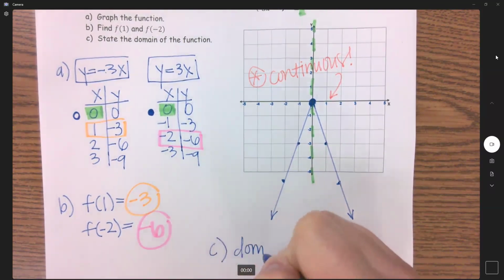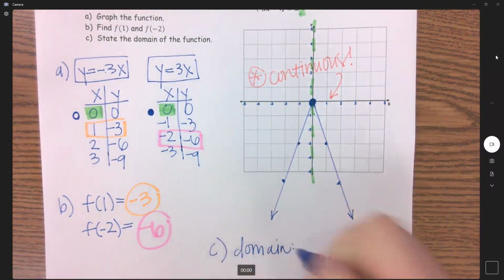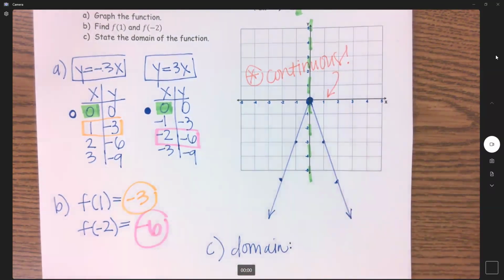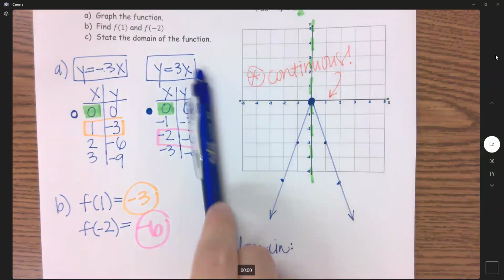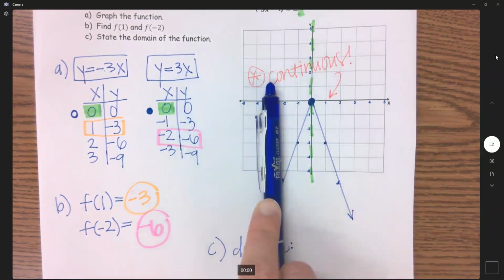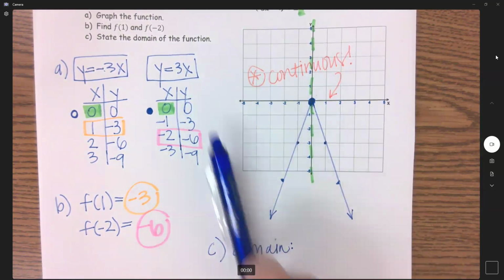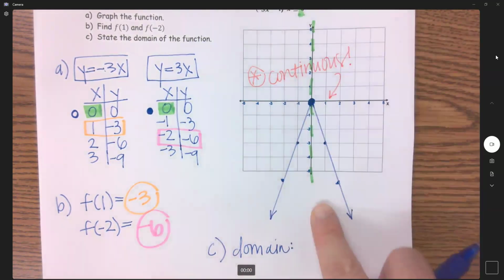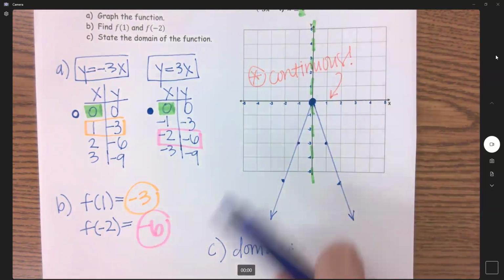And then lastly, my domain. You can use the graph or your piecewise defined function. If we use the graph, as I go from left to right, we start with an arrow, so -infinity, and then it's going to keep going. We have no break even on our breaking line right here.